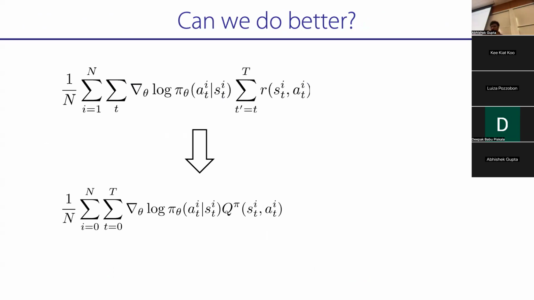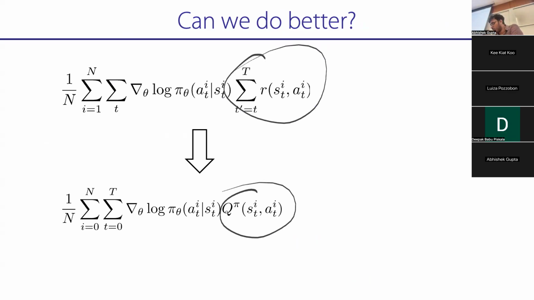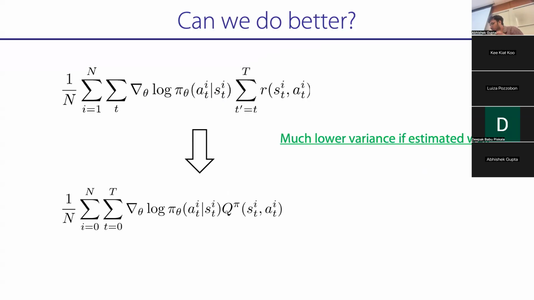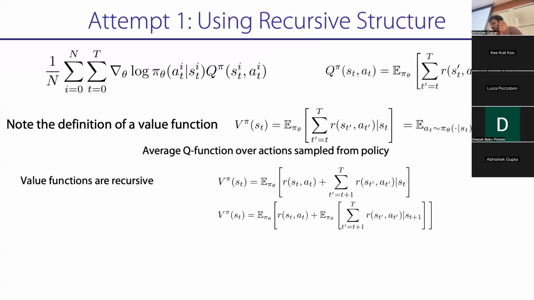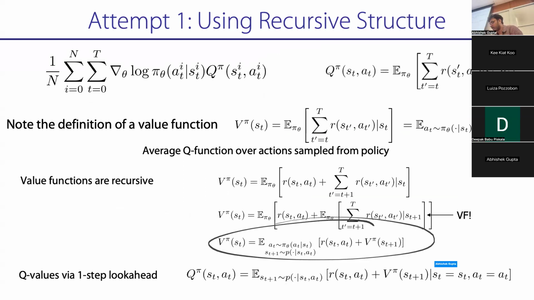It's high variance and we want to get rid of it, so we want to use function approximation to get some Q. The two things to note are that Q is equal to R plus gamma V in the future, and that V obeys a particular structure, which is this recursive structure. Then Q is a one-step backup on V. So you start by learning the V, then you do a one-step backup to get Q, and you replace that in the policy gradient. So we're just doing policy gradient with lower variance.